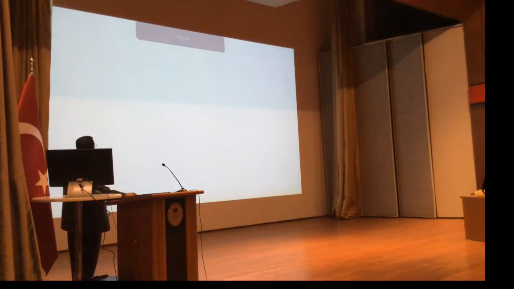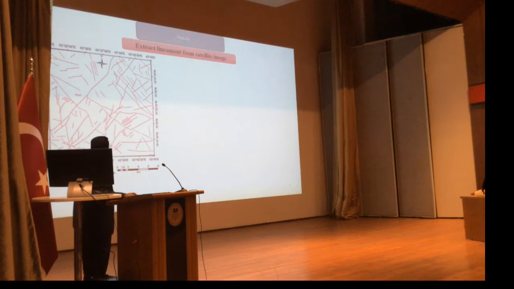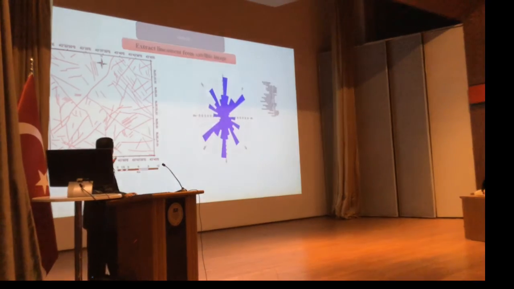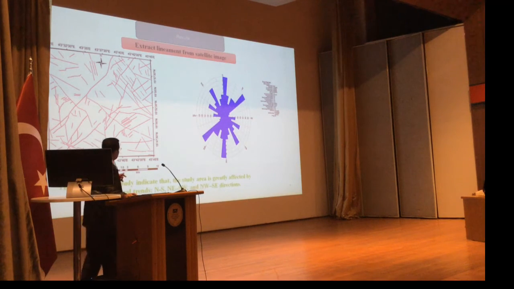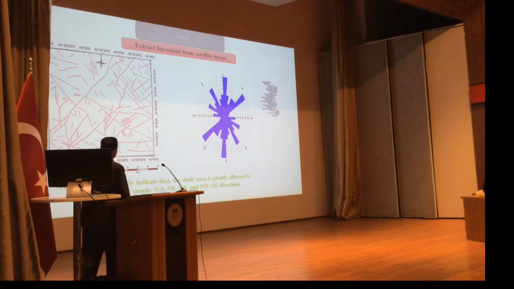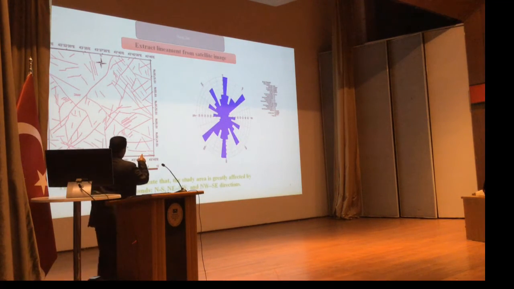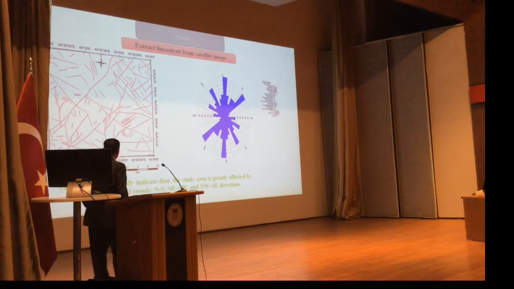Now we move to the results. This is the lineament extraction from the satellite image, and this is the direction of these rocks. We have three directions or more. The main direction is north-south, then northeast-southwest, and northwest-southeast.